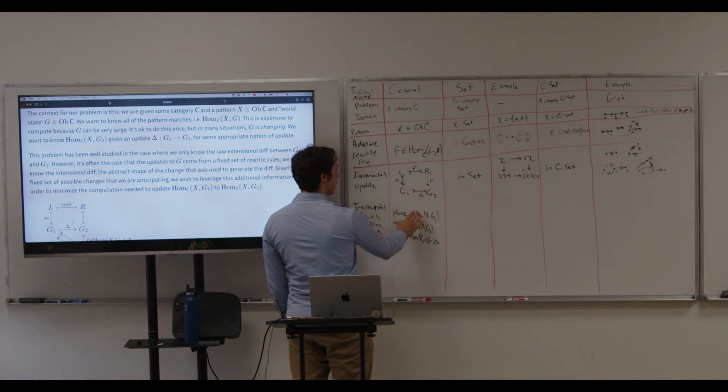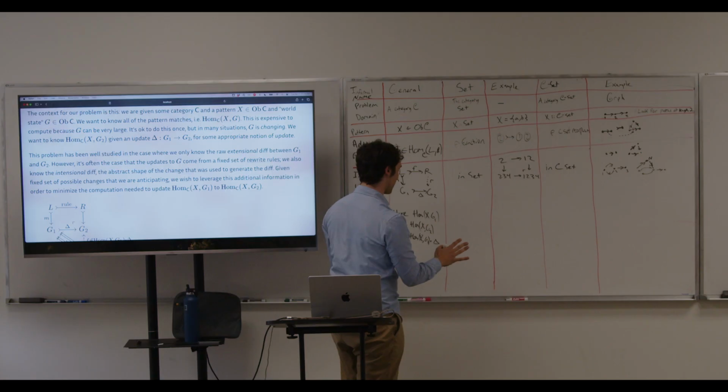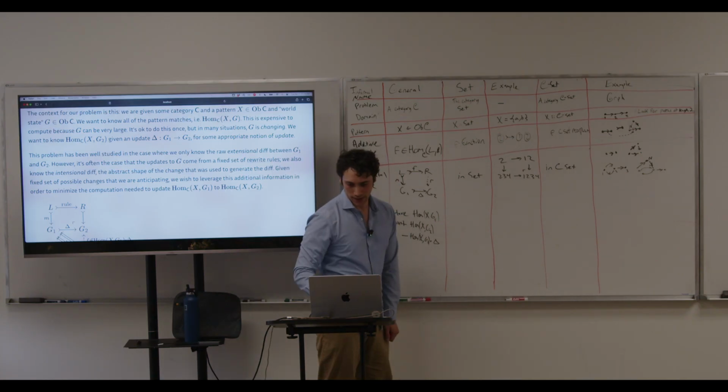The hom g1 post-composed with delta gives us all the old matches that we already knew existed. That's not interesting. We want the new ones.